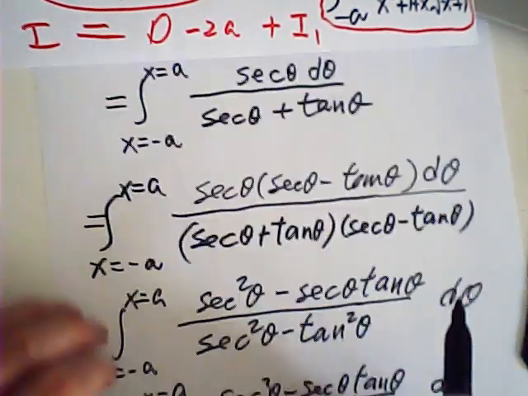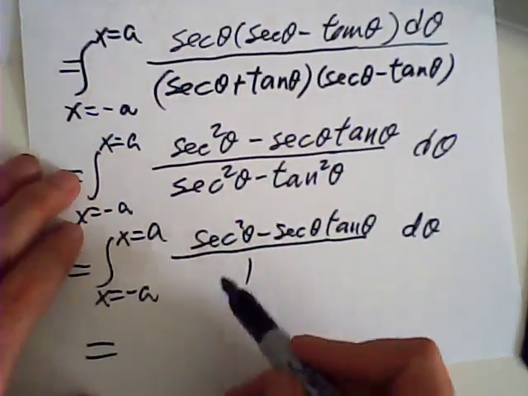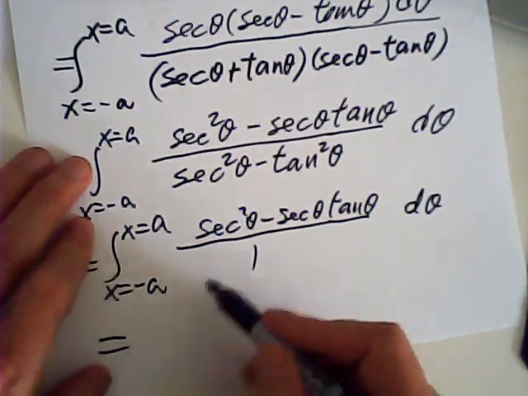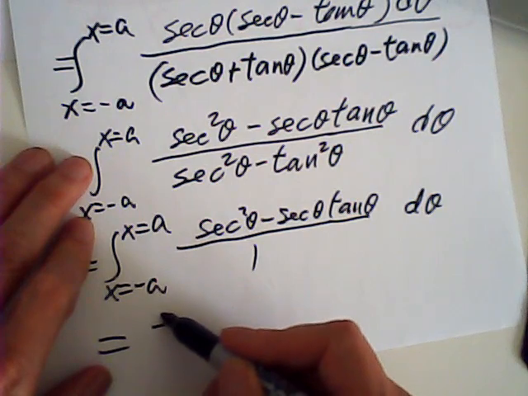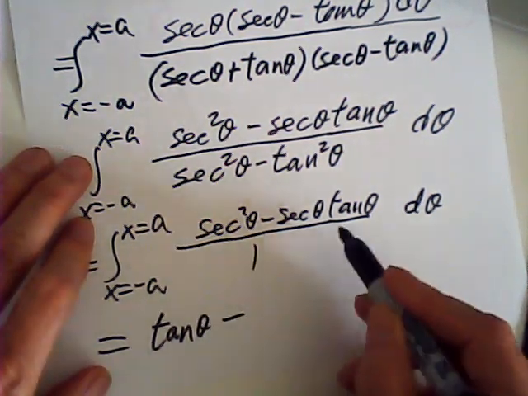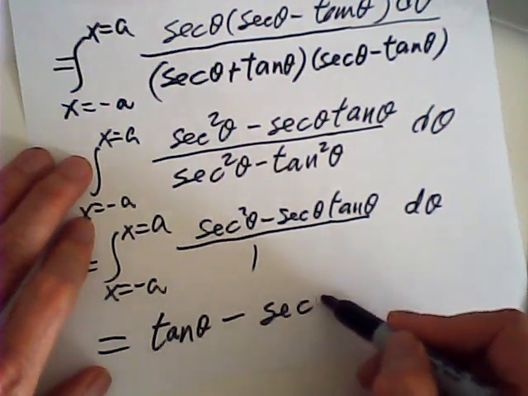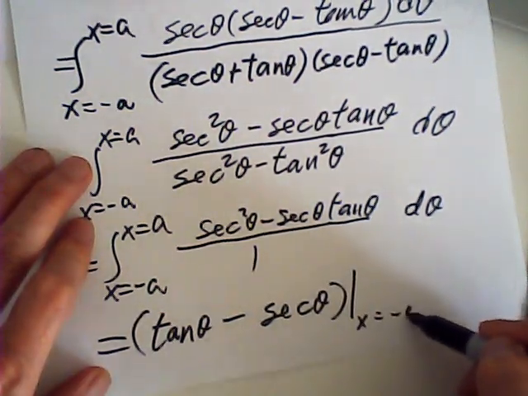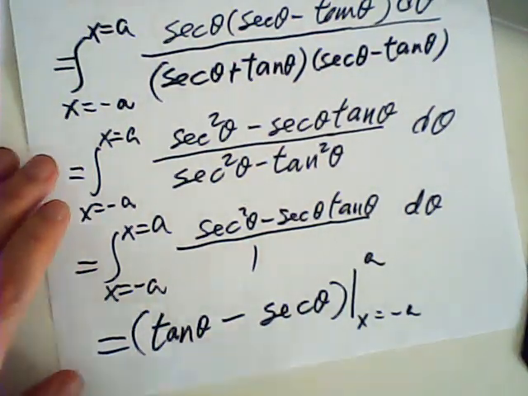Now, the first integral is tangent theta. That integral is tangent theta. That integral is secant theta, right? And x from negative a to positive a.